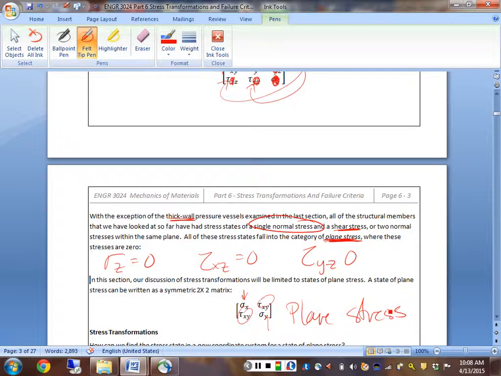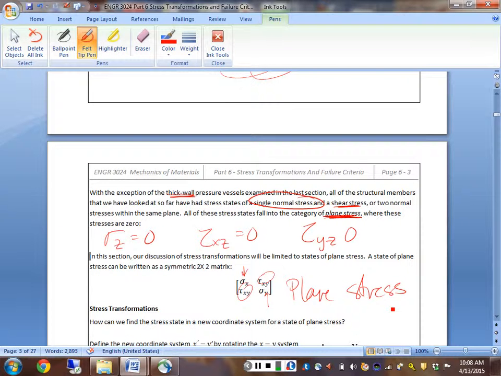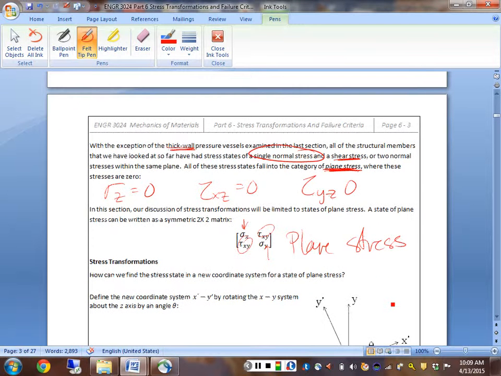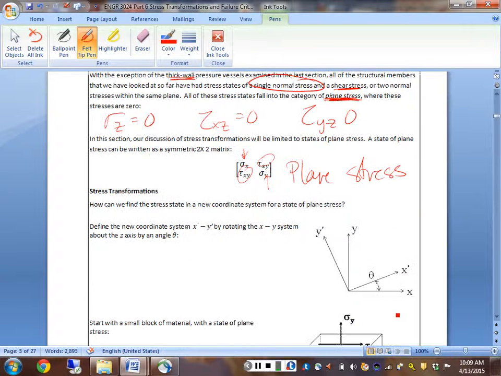All right. Now hang on to your geometric hats. So we've got our sigma x and our sigma y in some coordinate system that makes sense on our structure. Maybe we've loaded it in the x direction and we have x and y, or whatever. Those are not necessarily the coordinates at which these stresses are maximized.